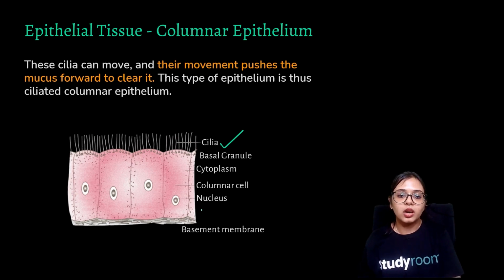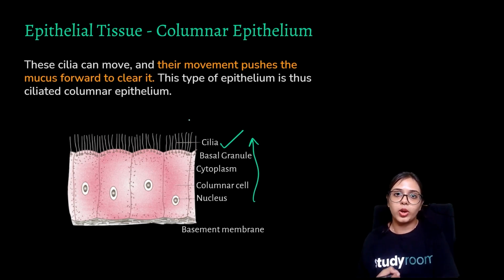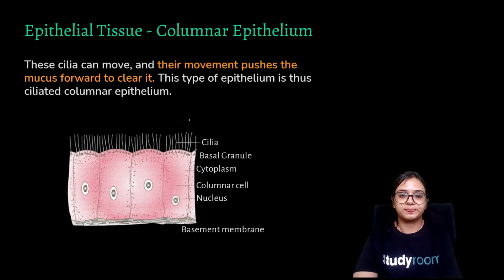Whatever mucus is there goes through the columnar cell and comes out of these epithelial cells through cilia. So cilia helps in those areas where some absorption and secretion is taking place, and this type of epithelium is the ciliated columnar epithelium.